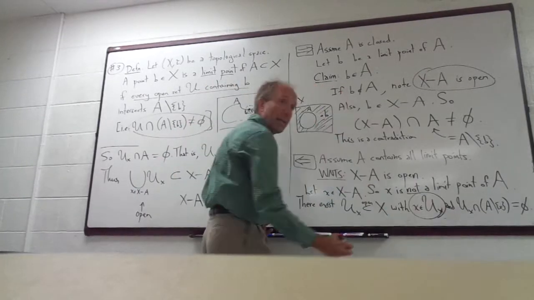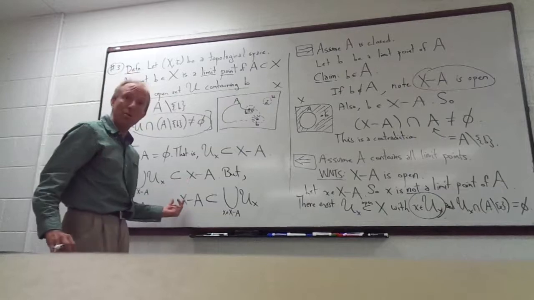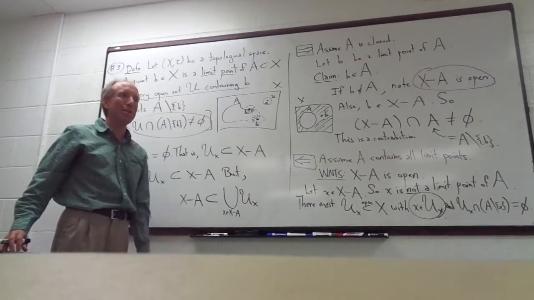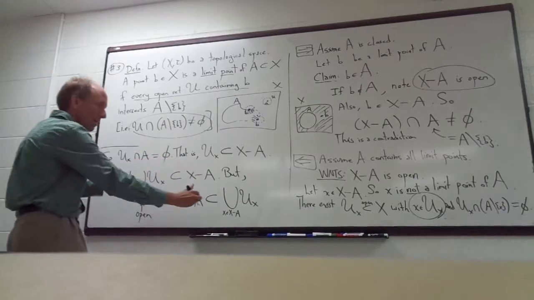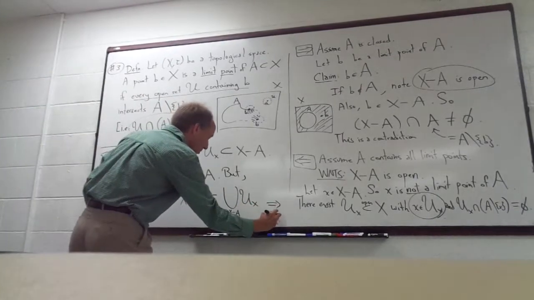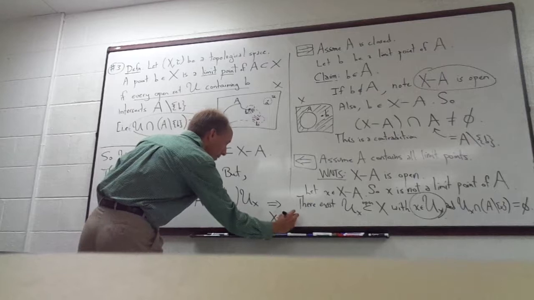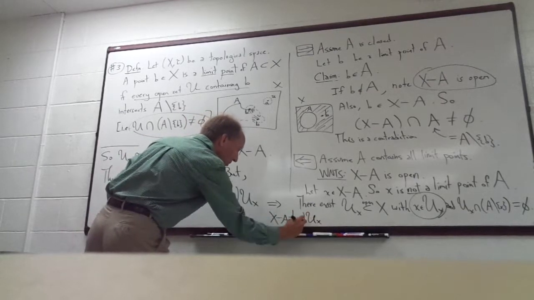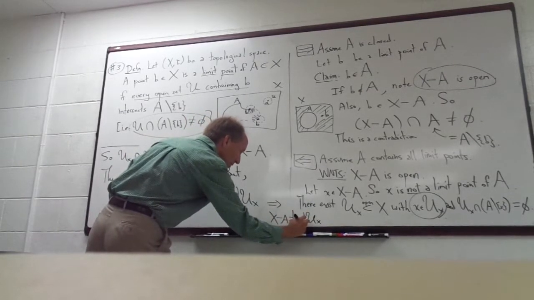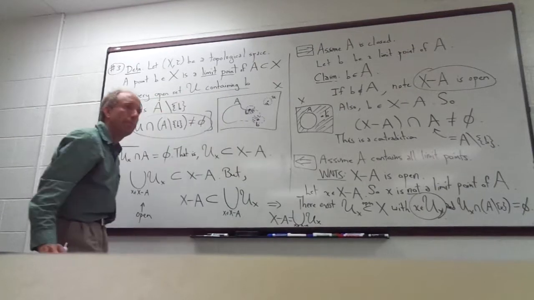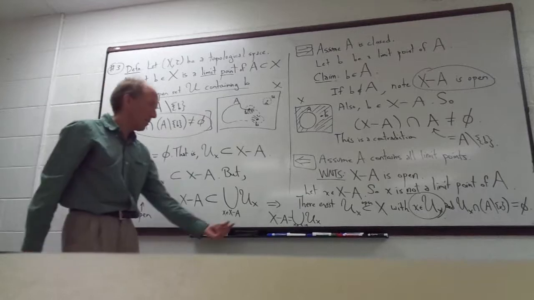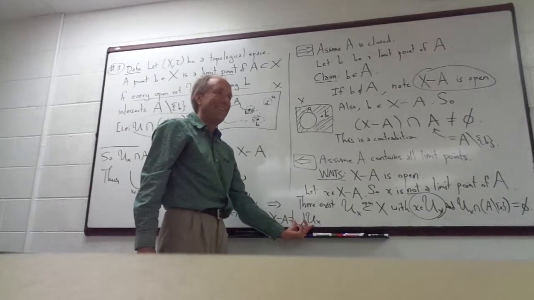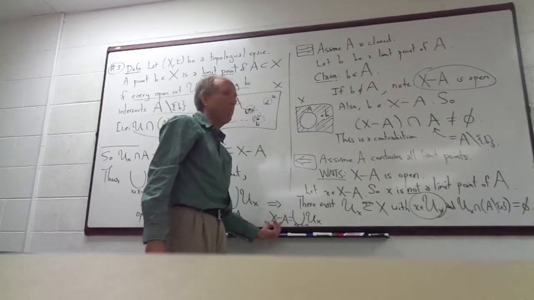There will be a set U sub x that that point belongs to, and therefore belongs to the whole union. So what I have, guys, is subsets both ways, so I'm going to conclude that X minus A is equal to this union. And that just means it's open, because this side is open. So this side has to be open because it's equal to it.